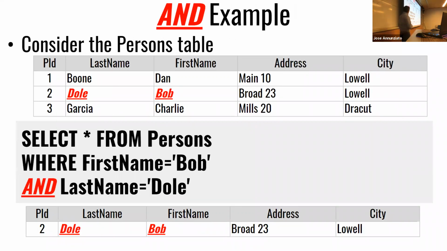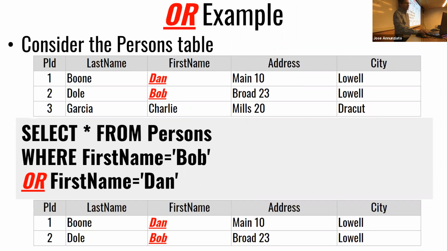And you can make more complex queries by using ANDs and ORs and parentheses, with the same rules that you would expect in any Boolean expression. So this one is saying, give me the persons whose first name is Bob and last name is Dole. It gives me that one person.